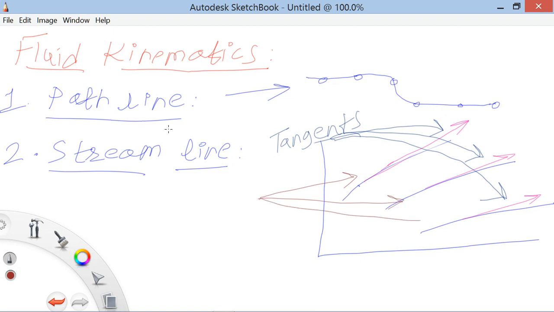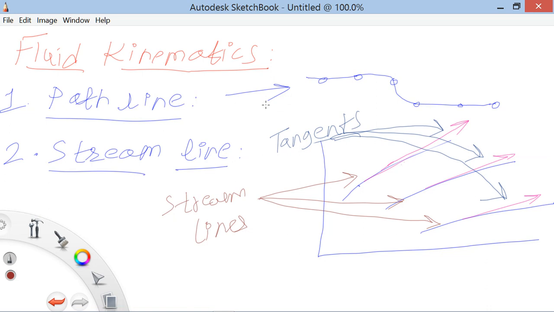These three blue lines are the streamlines, because the tangent drawn to these curves represents the velocity vector. Such lines are the streamlines, and these pink lines are nothing but the tangents.